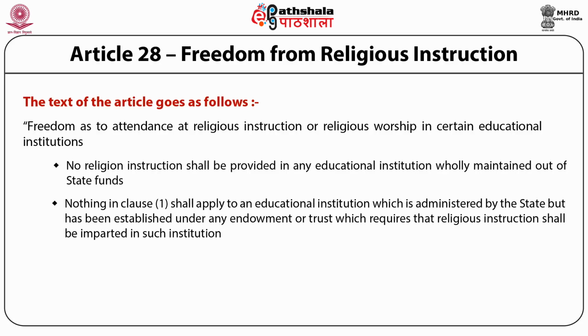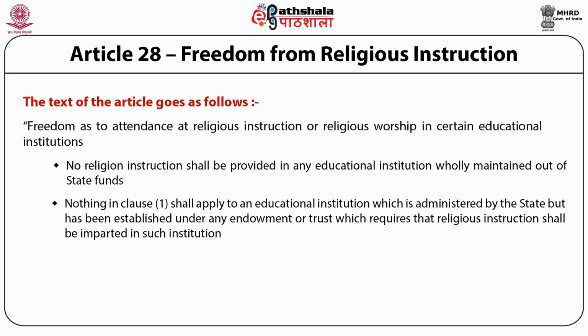So, in this school set up by the Arya Samaj, or any religious denomination, or the Church of Seventh-day Adventists, or the Pentecostals, there is a requirement that religious instruction be imparted in such an institution. Even if that educational institution is administered by the state, religious instruction is still permissible, provided it has been established under an endowment or trust, which requires that such instruction be imparted.